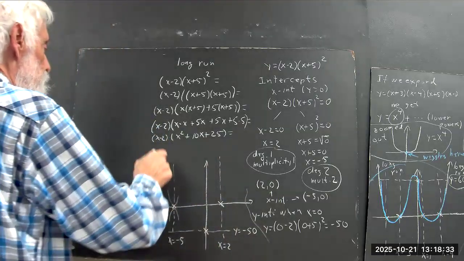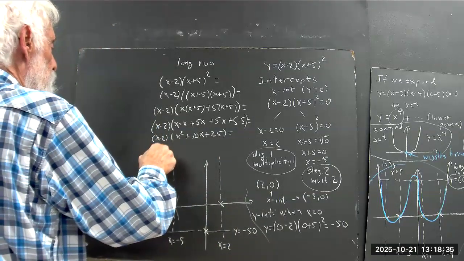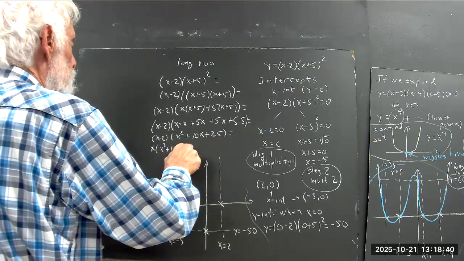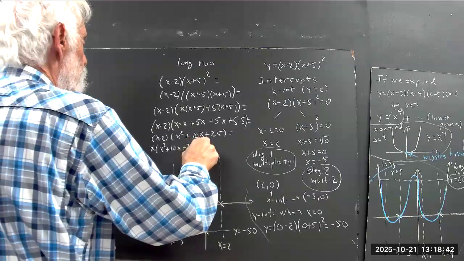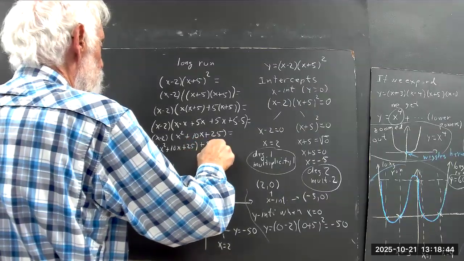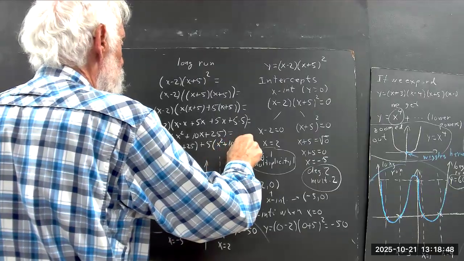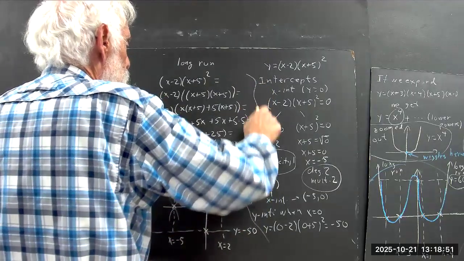So what's that equal? It equals x multiplied by (x² + 10x + 25) plus 5 times (x² + 10x + 25).